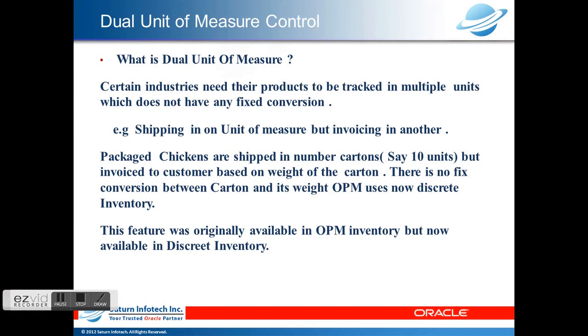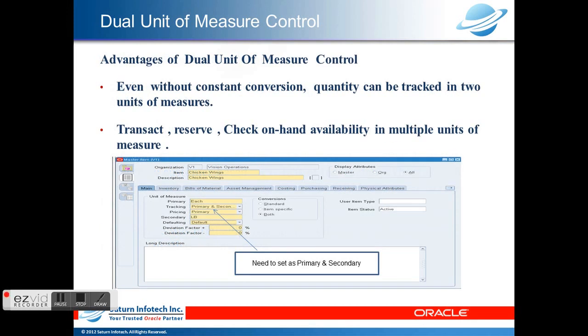R12 is really useful. Whenever you receive material, you can track it in multiple units of measure. Basically, you need to enable this feature at the item level, where you can specify tracked in primary and secondary, and also specify the secondary unit of measure. This is where we can mention that this item can be tracked in a primary and secondary unit of measure.